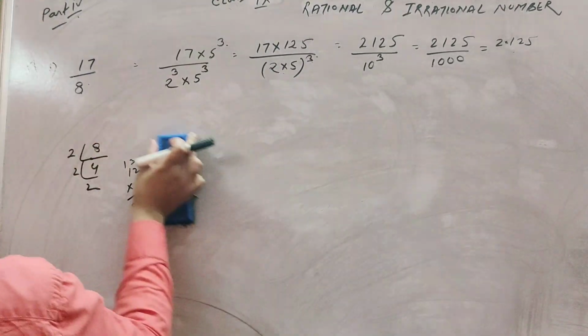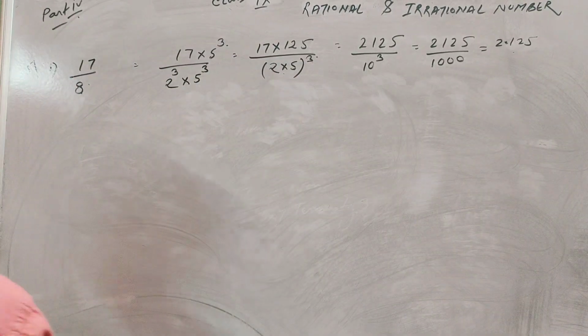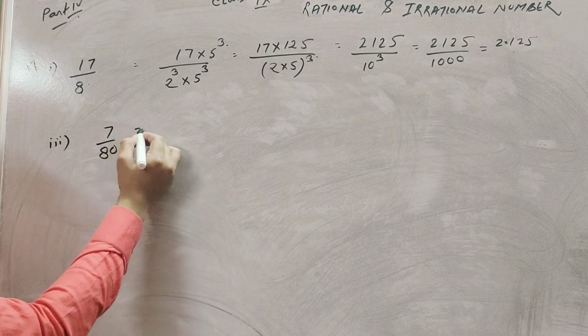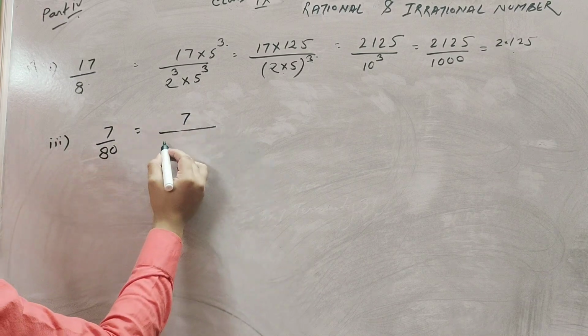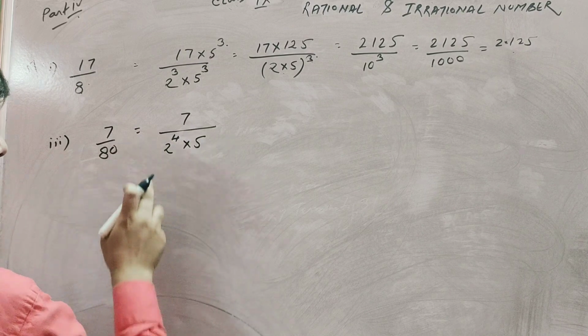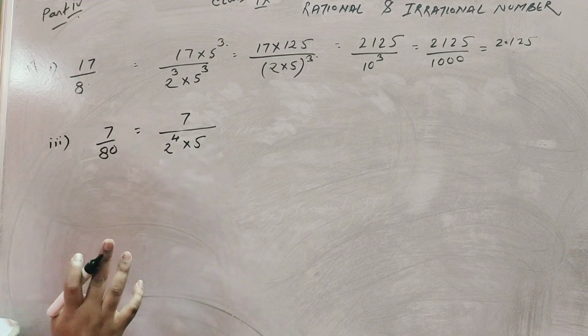Note. We do another question. Yes, question number 3, 7 upon 80. So in place of 80 we write down 2 into 4 into 5, that is 2 to the power 4, that is 16, and 16 5s are 80.